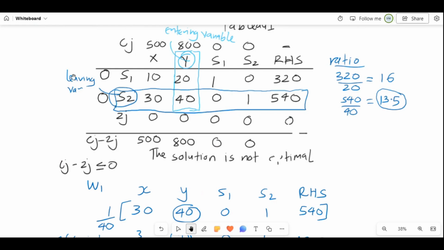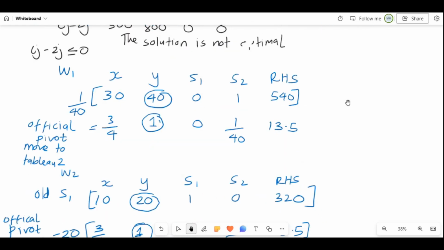The variable S2 will leave and we'll replace it with the variable Y. That is why we said that you swap the variable of the pivot column with the variable of the pivot row. So instead of saying S2, we'll now change the variable there to Y.